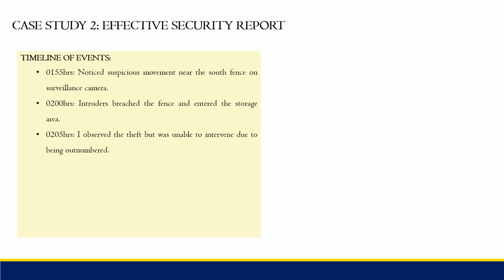At 0205 hours, I observed the theft but was unable to intervene due to being outnumbered. At 0210 hours, intruders exited the premises with the stolen items and fled in a white van, license plate number not visible.